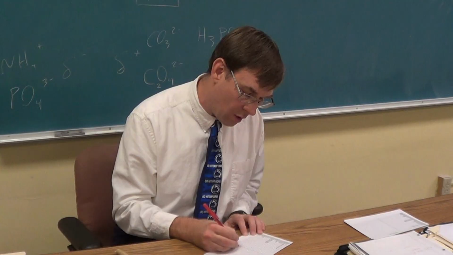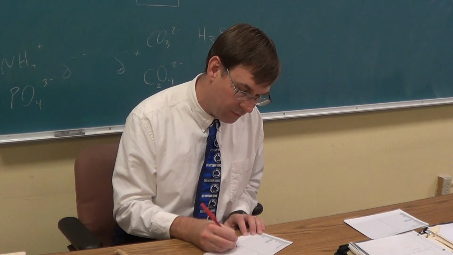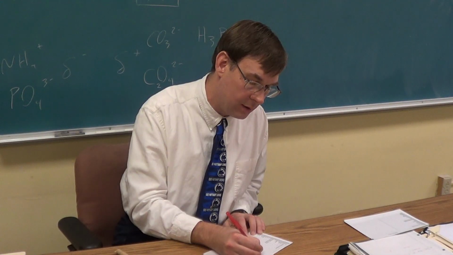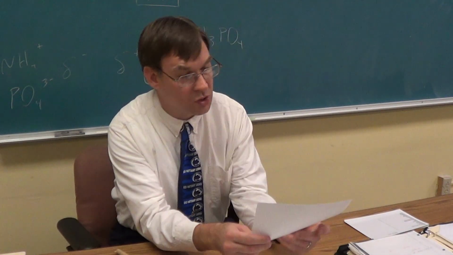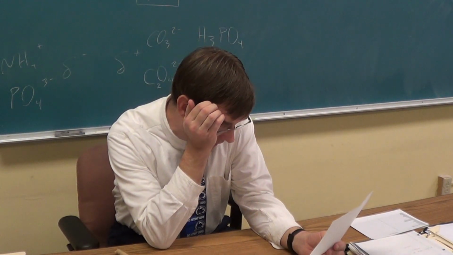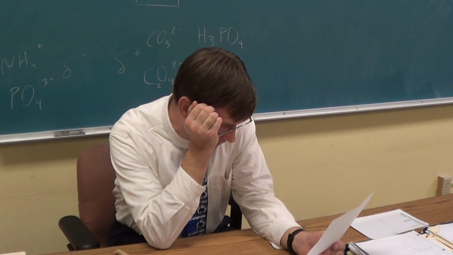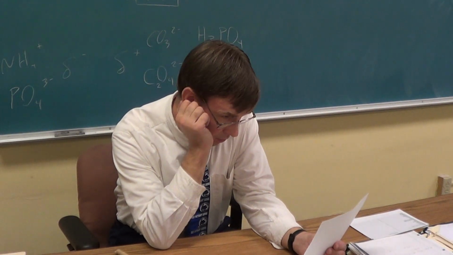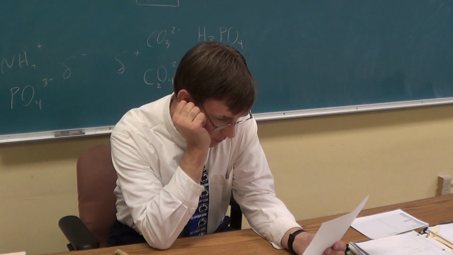Oxalate is the other carbon one, C2O4 with a 2-minus. Carbonate, CO3, 2-minus. So if you square away in your head that oxalate is an O4 and it had carbon in it, then carbonate kind of gives itself away as a CO3 with a 2-minus.